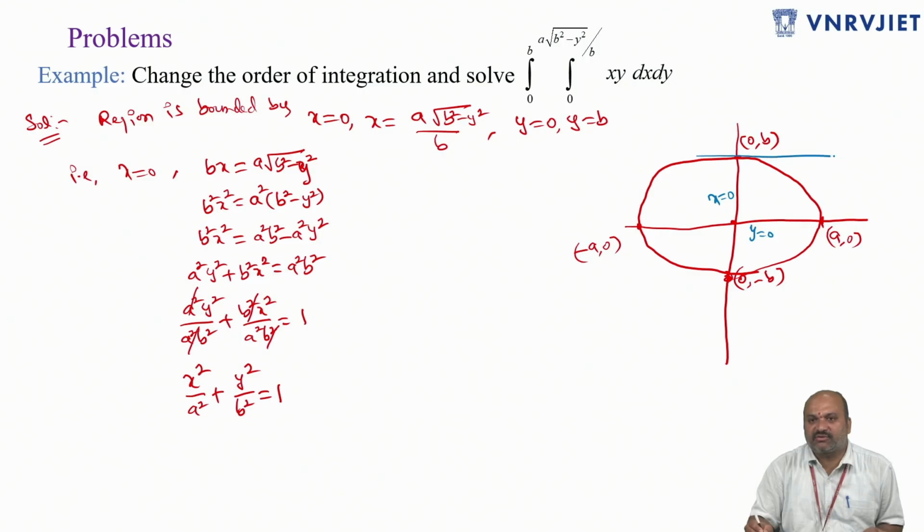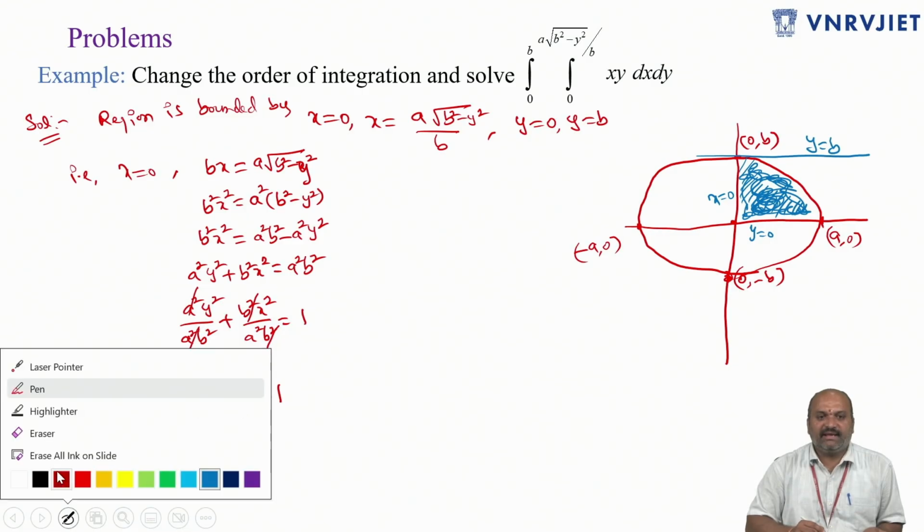This is the line y equals b. And the ellipse. So the region of integration is only in the first quadrant. This is the region of integration.